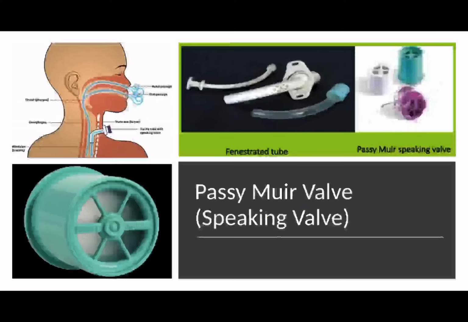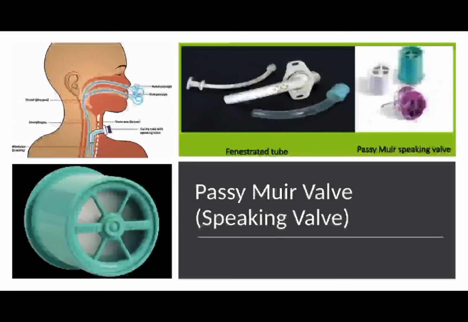As such, the first of the adjuncts that we'll talk about is the so-called Passy Muir valve, also known as a speaking valve. This is a really simple piece of kit. All it is is a one-way valve. When you take a breath in, the diaphragm moves in and air can rush in.